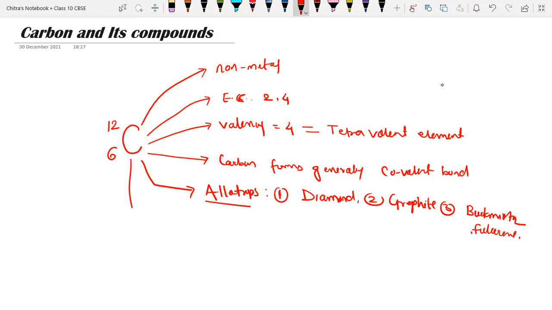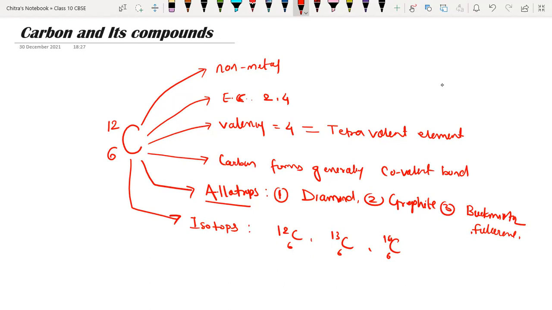Then carbon has 3 isotopes: carbon 12, carbon 13, and carbon 14. Carbon has a different number of neutrons in the nucleus, that's why they show different atomic mass but the same atomic number.